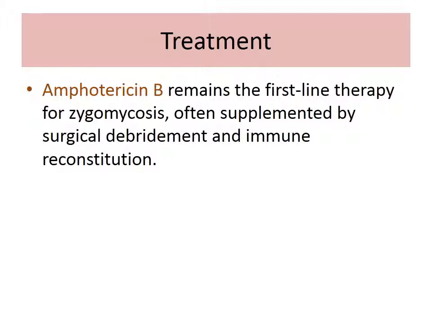So amphotericin B, but again, as I said earlier, I will also show you a case where they tried to supplement amphotericin B with surgical debridement and tried to help in terms of immune reconstitution. But unfortunately, that particular patient that I'm talking about did not survive.